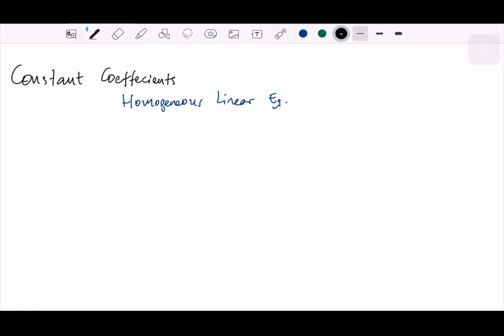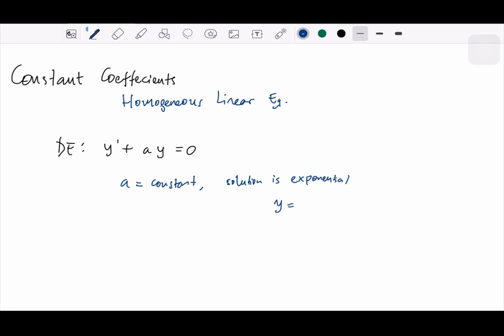Okay, remember that when we have differential equations, let's say y prime plus a constant times y equals 0, where a is constant, the solution is an exponential. So we have usually y equal to, let's say, c1 and then e with power of negative ax, like that, right?